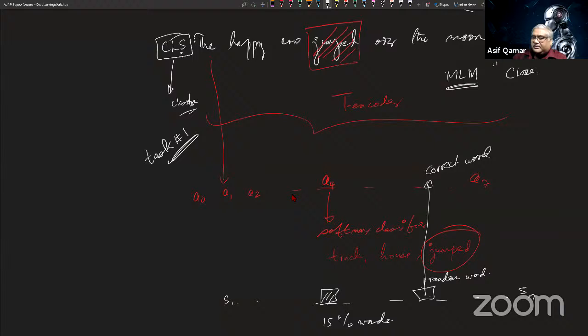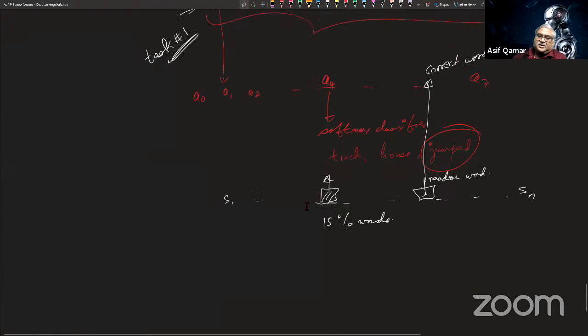So you either mask it altogether, or you put a random word and things like that. But 15% word masking is what the original BERT paper did, and they got very good results.